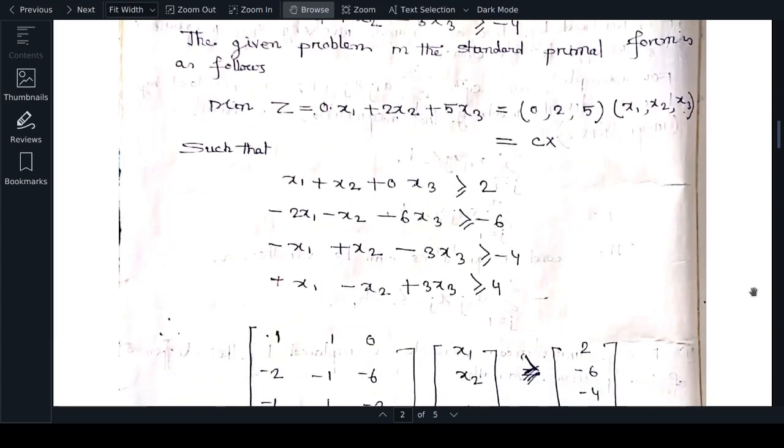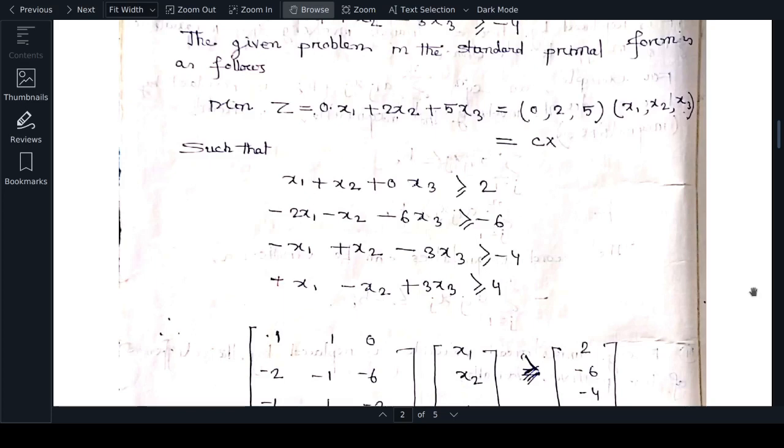The primal is: min z equal to 2x2, and x1 is absent, so we write 0 into x1, plus 2x2 plus 5x3. We can write it in vector format as (0, 2, 5) times (x1, x2, x3), meaning 0 into x1 plus 2 into x2 plus 5 into x3.